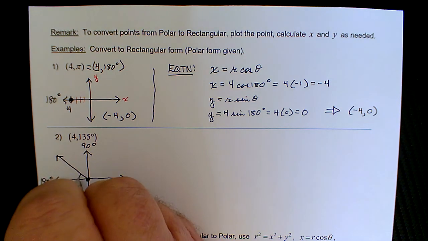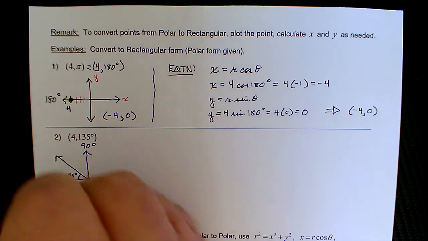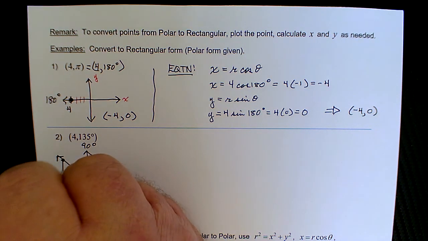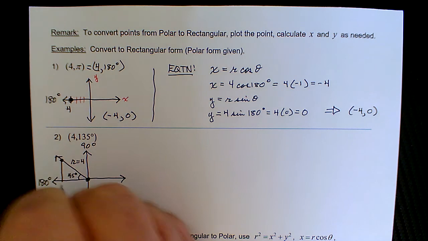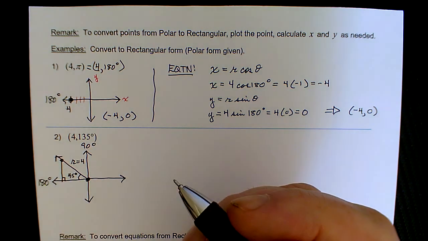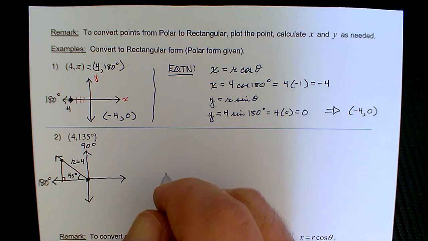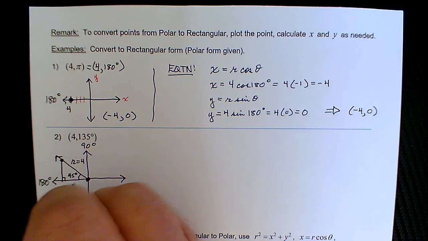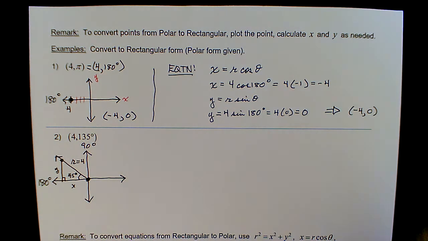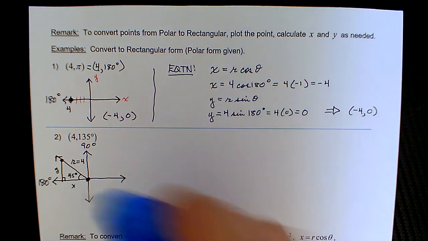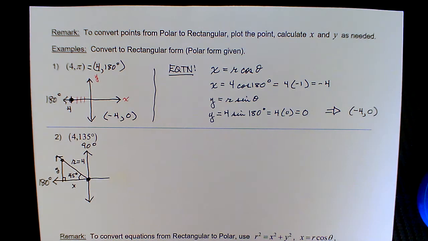This reference angle would be 45 degrees. The distance to the point is 4 units, so r equals 4. There's a little reference triangle. We could use similar triangles, because what we want to find is x and y, like we did earlier.